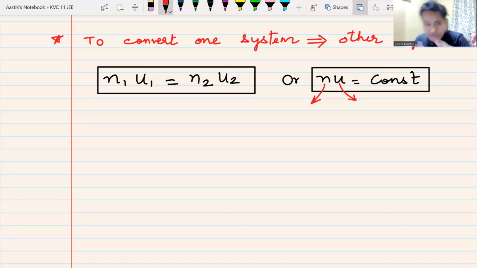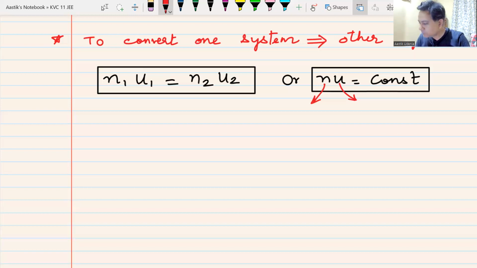So they can ask a question which may be looking a lot different, but it has to be solved with the same concept of N into U is a constant. Do we understand this? Yes, sir.